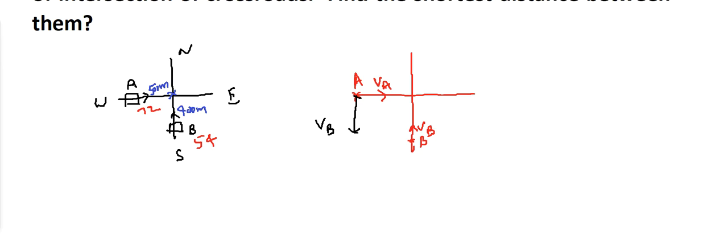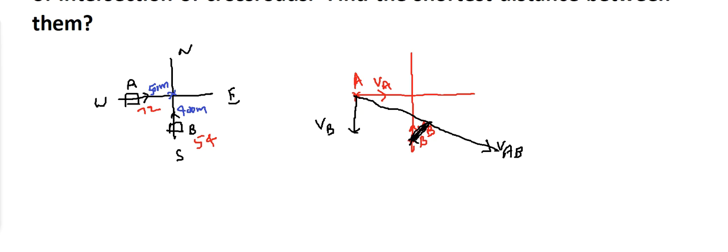The resultant will be like this. This is VAB. Since B is here and A appears to be moving along this line, this perpendicular distance automatically becomes the minimum distance between A and B, or the shortest distance. Now our aim is to calculate what this distance is.